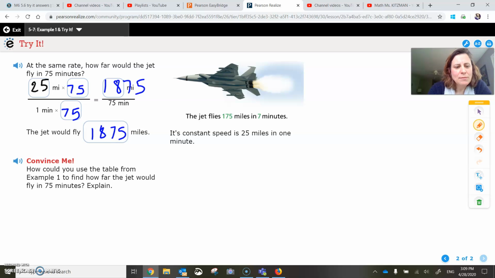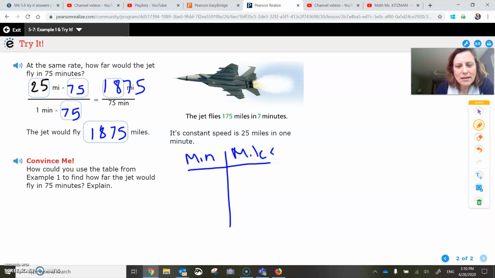How could you use the table from example 1 to find out how far the jet would fly in 75 minutes? Well, the table from example 1, we had the minutes on the left and the miles on the right, and we already knew from what we found out previously that in 1 minute it would go 25 miles. So we want to know how far the jet would fly in 75 minutes.